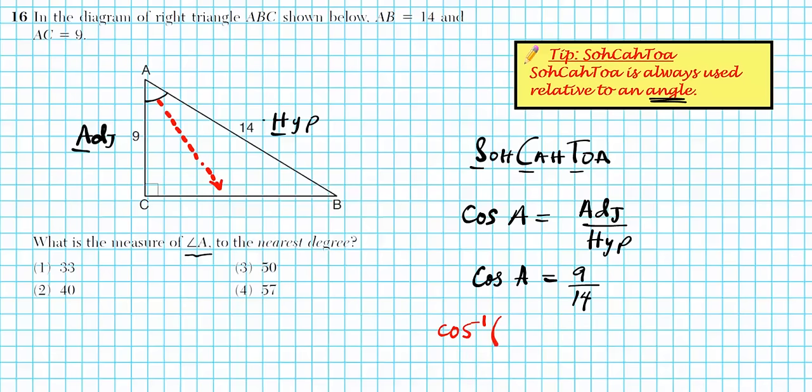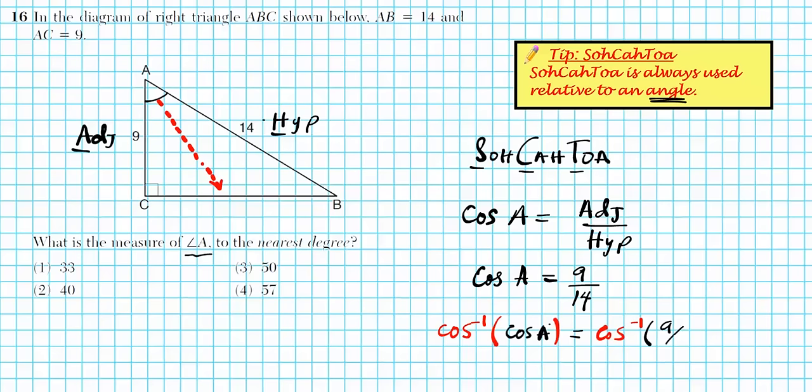So you take the arc cosine, or the inverse cosine, of both sides of your equation: the inverse cosine of the left side and the inverse cosine of the right side, which is inverse cosine of 9 over 14.